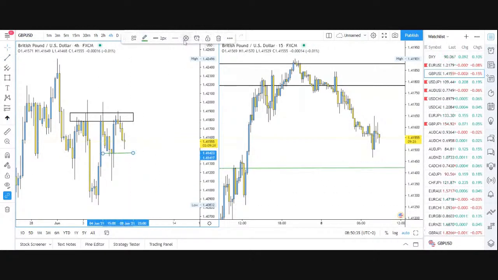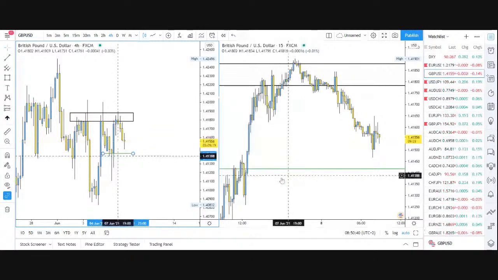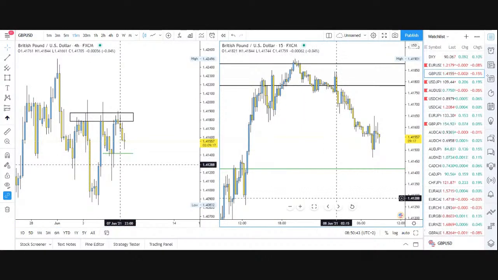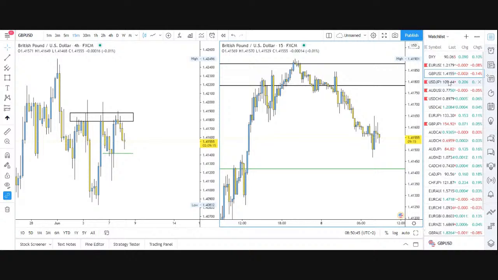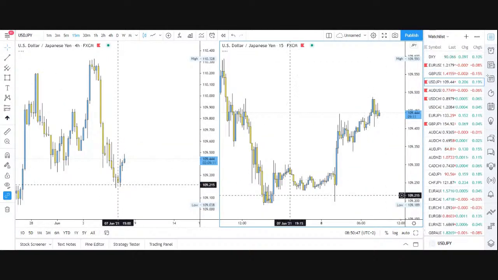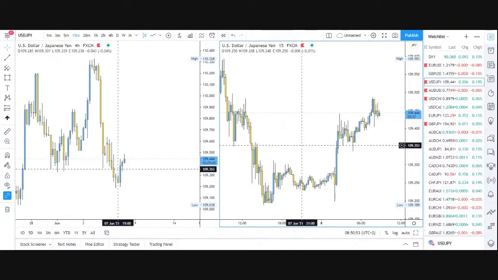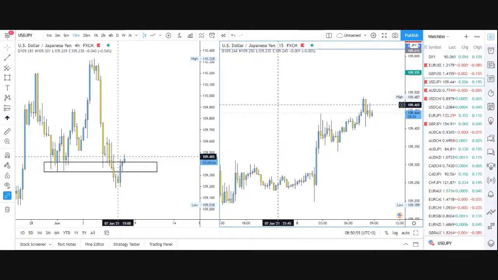I don't think that thing's straight. Definitely ain't straight. Okay, so those are the areas that you're looking at. USD JPY. So you know that you have these areas right here, but it's not showing up on the 15M.